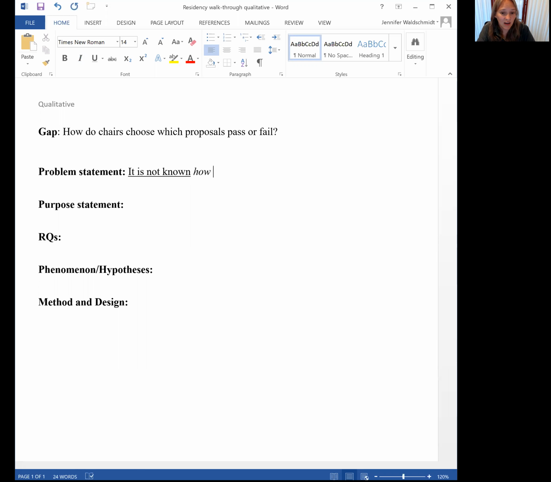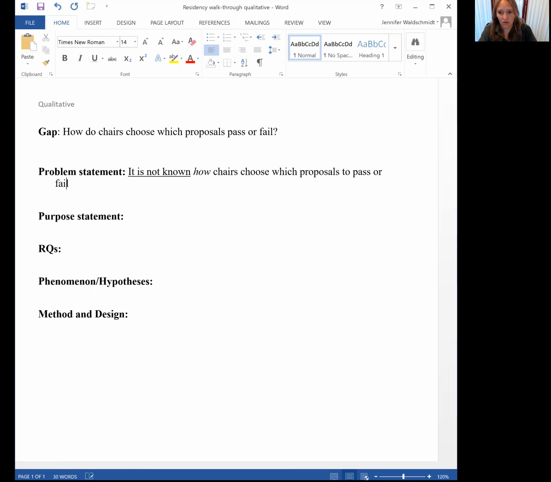And then we're just going to take our gap and we're going to turn it into a sentence. It is not known how chairs choose which proposals to pass or fail. Maybe we could phrase this a little bit better. It is not known how chairs, yeah, that'll work.